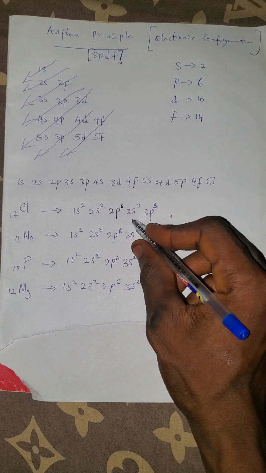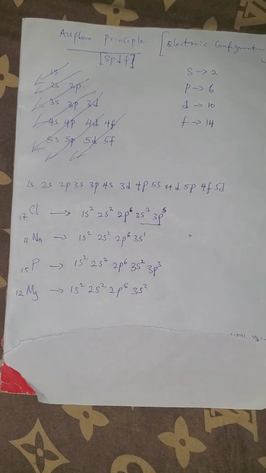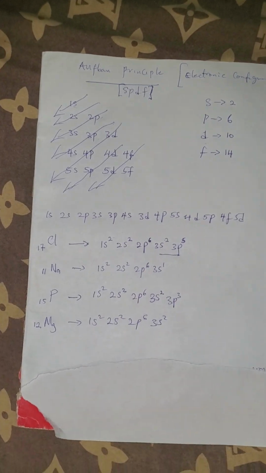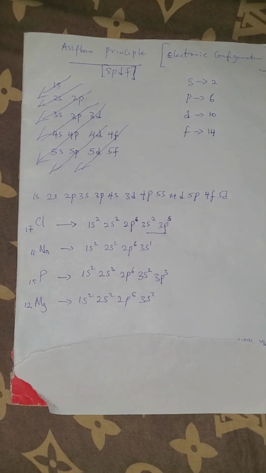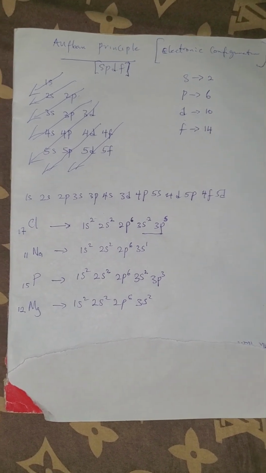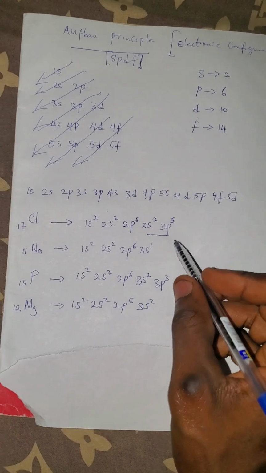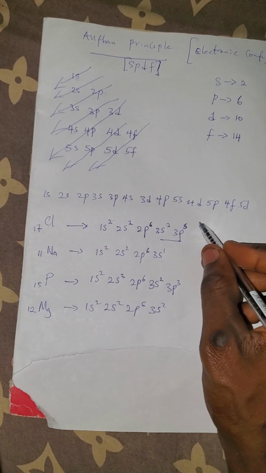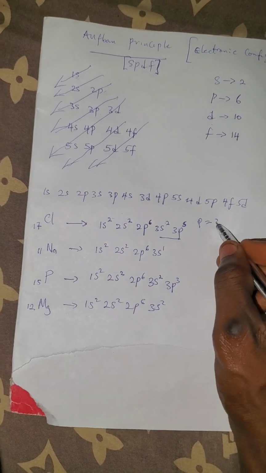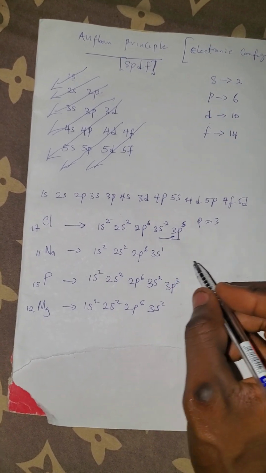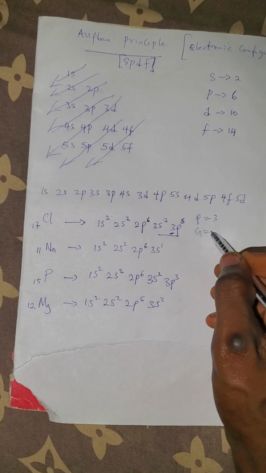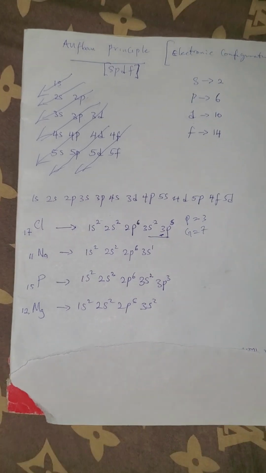This can show the period and the group to which they belong. Now if you check, this one belongs to period 3, because the last number here is 3, and group 7.